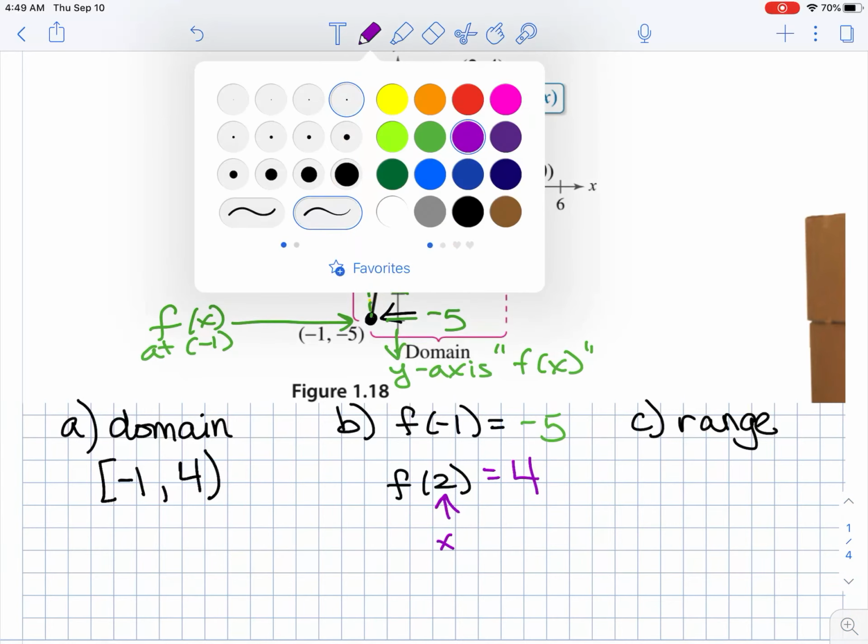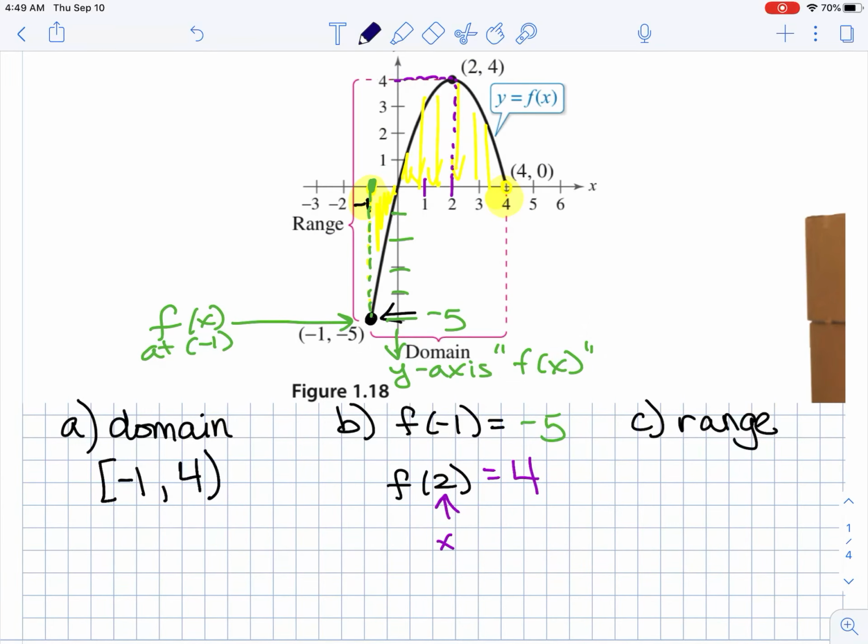And then lastly, we're going to find the range. Keep in mind that the range is the y values. So if we're looking at the overall image for the function, I'm going to clear all this so that we can see this clearly.